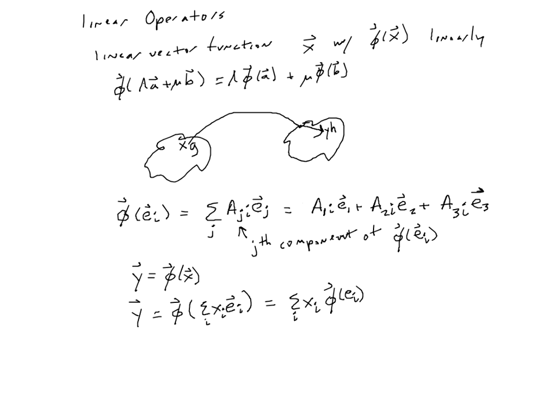Now, from here, I know that I can write this phi of e sub i as just the summation involving these components. So I can write this as a sum over i, x sub i, times a sum over j of a sub ji e sub j.